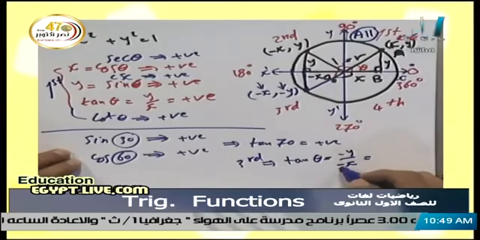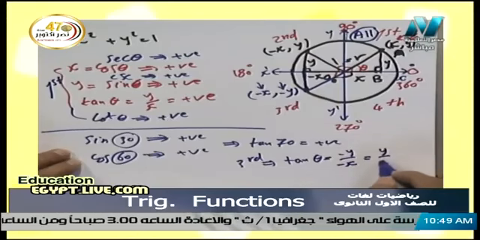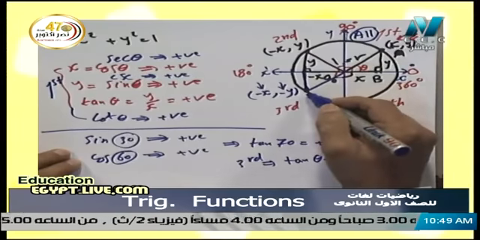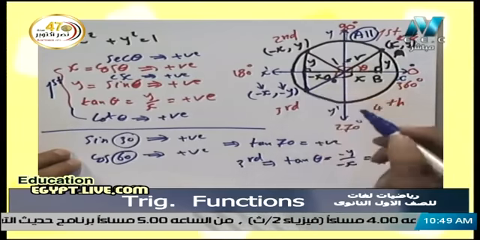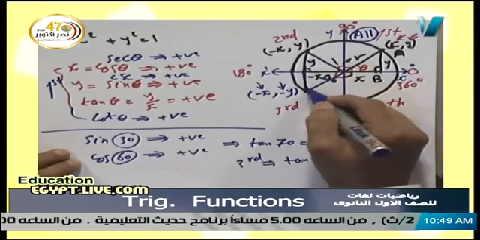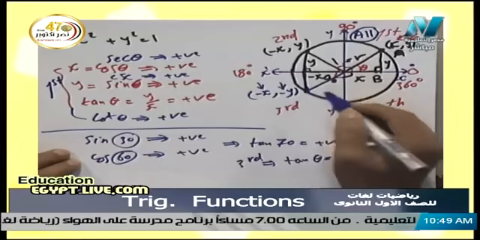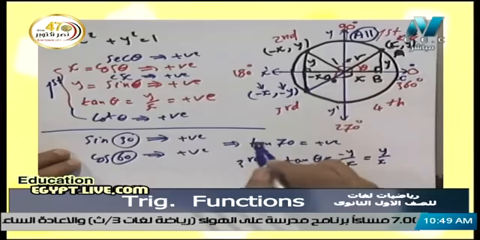Negative divided by negative is positive. So in the third quadrant, tan and cotan are positive. So in the third quadrant, cosine is negative, sine is negative, but only tan is positive.